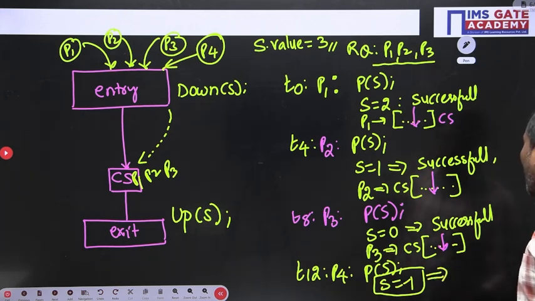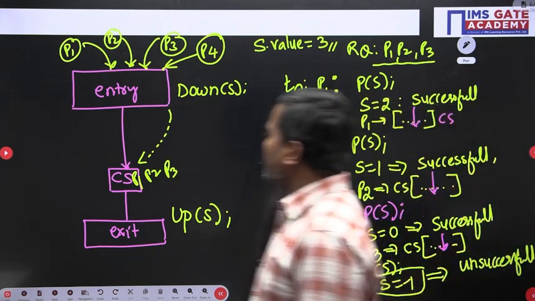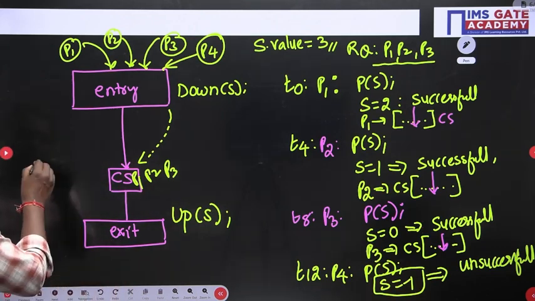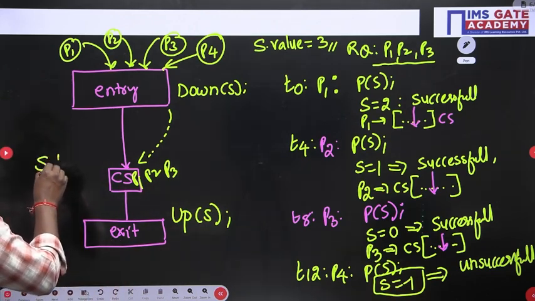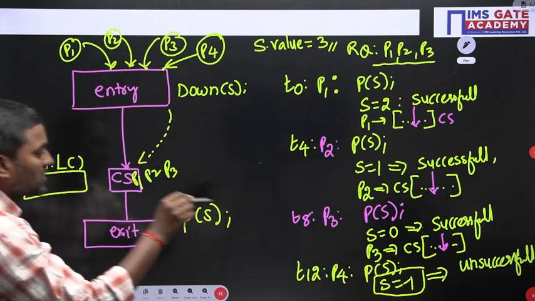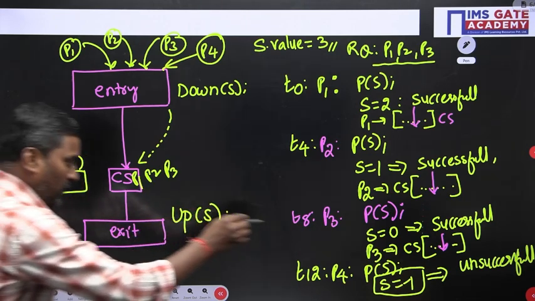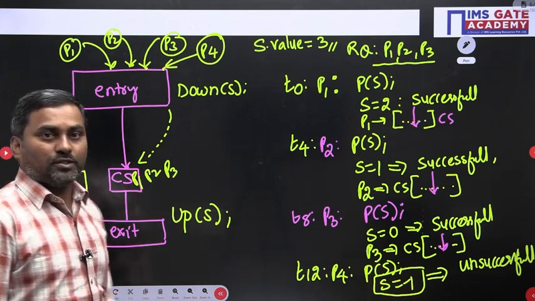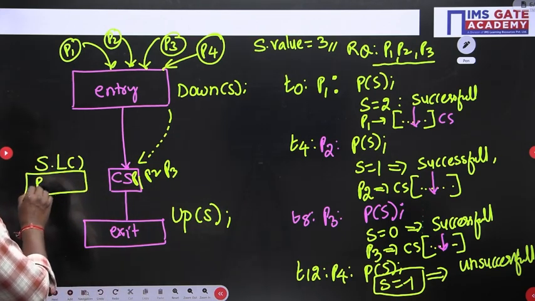This negative value of the semaphore defines an unsuccessful operation. Whichever process is involved in an unsuccessful operation needs to be blocked here.